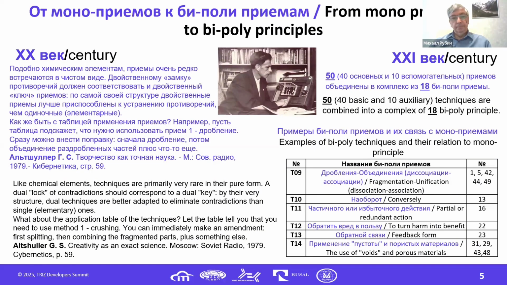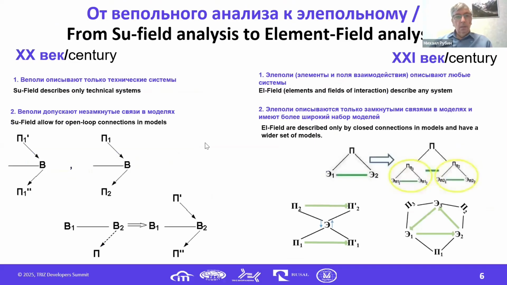So, for example, all those things in the table, like conversely or dissociation, association. We have assembled them into 18 bipolar principles, and after that we use this for technical systems and also for business and for design. This is one of the ways how we change this. Each bipolar principle integrates several mono principles.